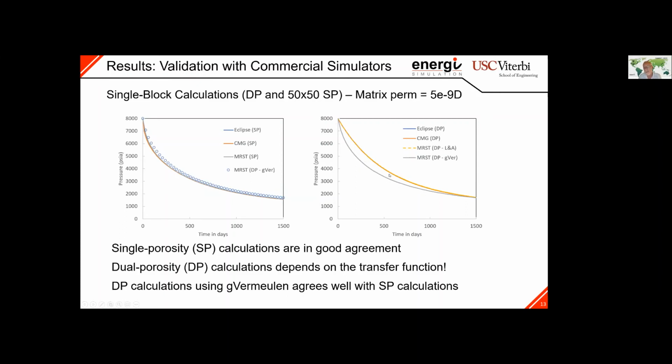Early times here is up to 500 days. Now, if I take this gray line and I show it as symbols over here on the single porosity model, we see that the dual porosity representation with the new transfer function agrees with the single porosity fine scale solution of the commercial tools. And the commercial tools do not agree with their own single porosity representation of the same process.